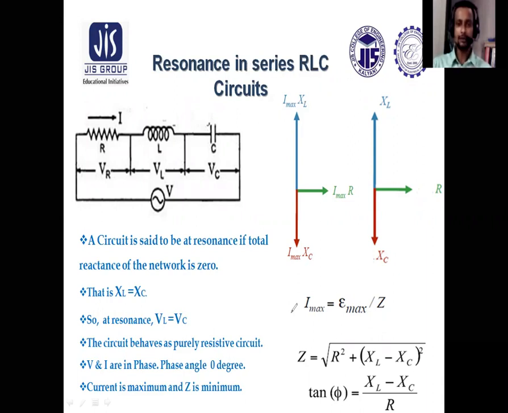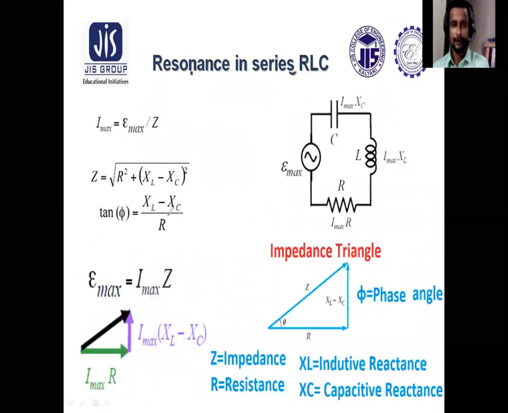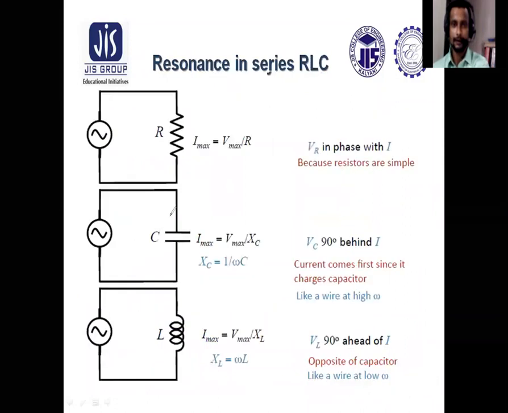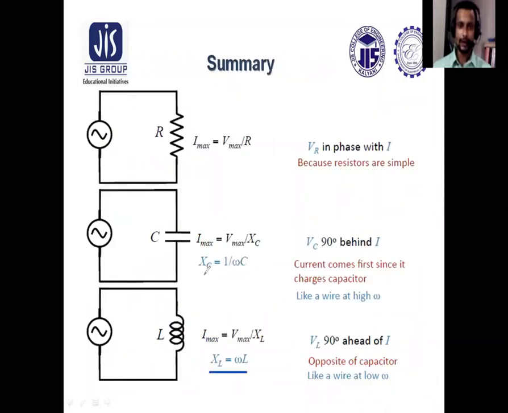As we understood, XL equals omega L and XC equals 1 by omega C. So if omega is varying, then XL and XC will vary. So the important point here is that XL or XC will vary if omega varies. That is, with variation in frequency, XL and XC vary.